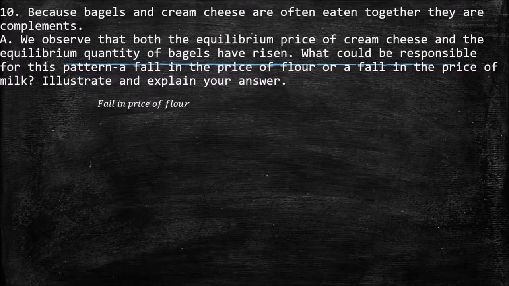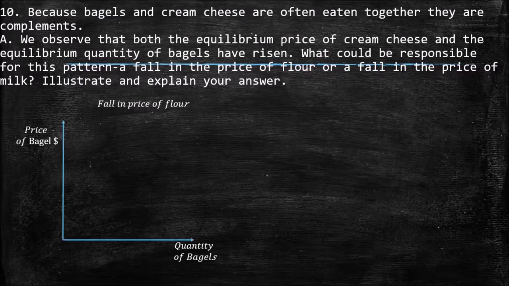So I'm going to see if it's true when there is a fall in the price of flour. As you know, flour is an input of bagels. Remember, when the price of an input changes, it implies a change in the supply.